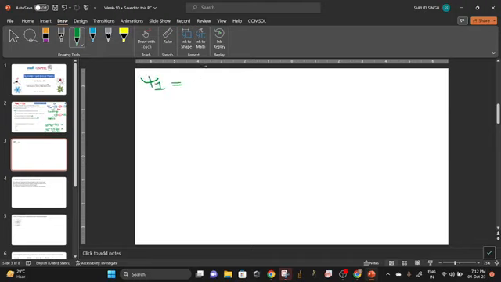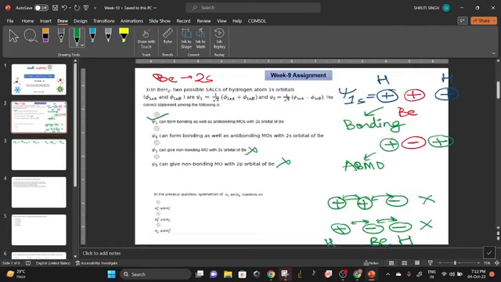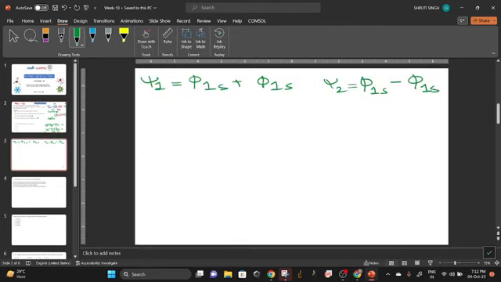Psi1 is phi 1s plus phi 1s, and Psi2 is phi 1s minus phi 1s. Okay, so if you consider these two as the bases, what can be the symmetry?